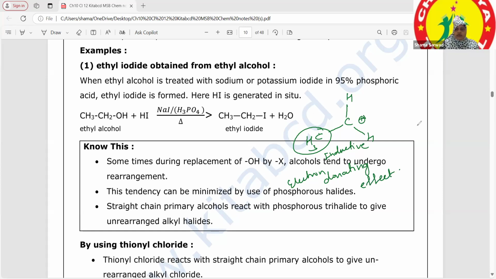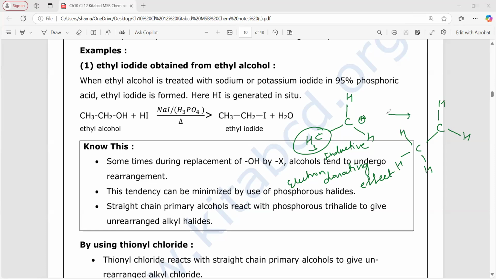I'll let you know how it works. Here is the same structure, with carbon bearing 3 hydrogens and a positive charge.